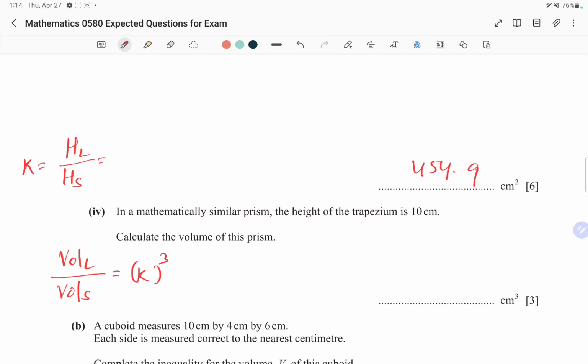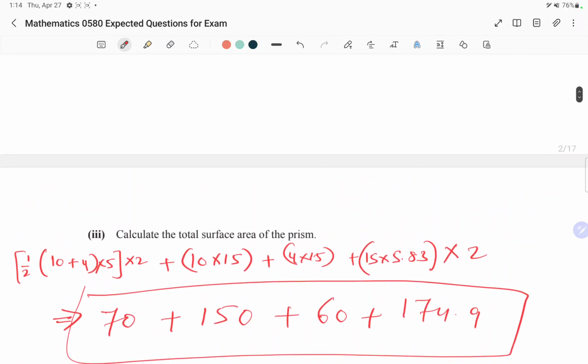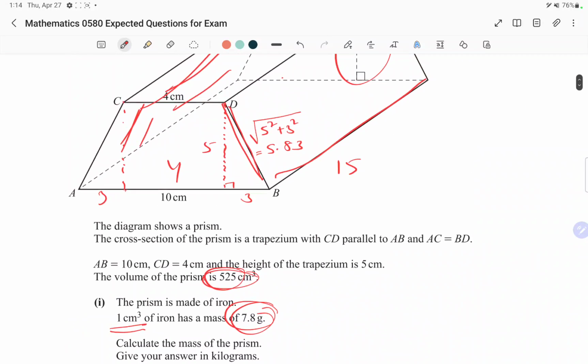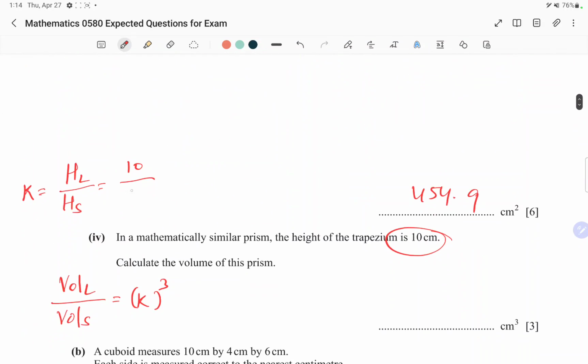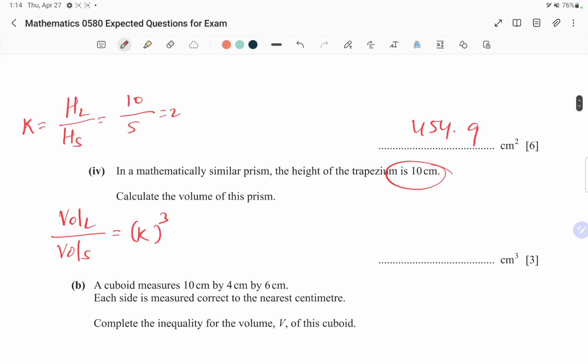So height of larger prism is given to us, that is 10, and height of smaller prism is 5, right? So K is 2.